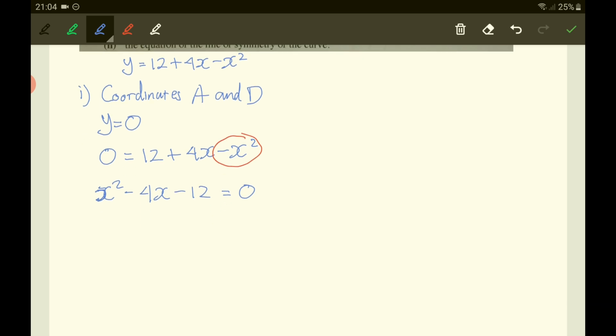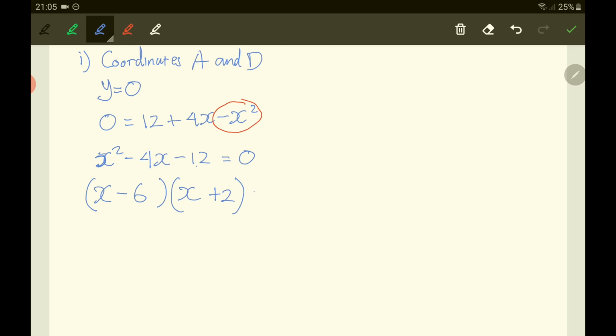Okay, so now the x squared is already positive, so now time to factorize. Yeah, you try to find two numbers. When you multiply them together, you get -12. When you add them, you get minus 4. Okay, yeah, so I think I get the answer already. So I think this will be minus 6 and plus 2, because minus 6 times 2 is minus 12, the last term, yeah, and then minus 6 plus 2 is minus 4 here in the middle.